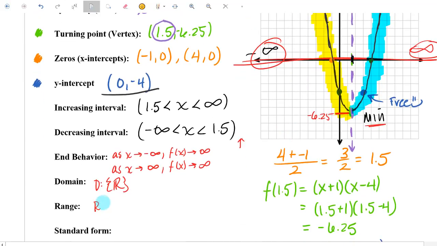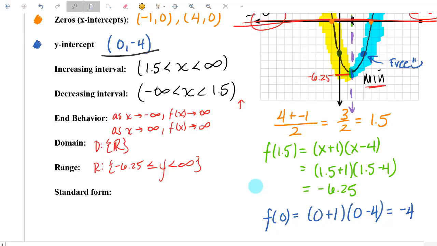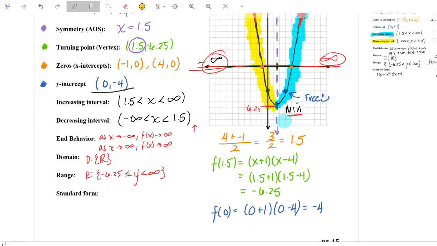So our range is going to start with our lowest point, which is negative 6.25. It is included because it does touch it. It is the lowest point. We'll say y values all the way from negative 6.25 to infinity. So there's our range.